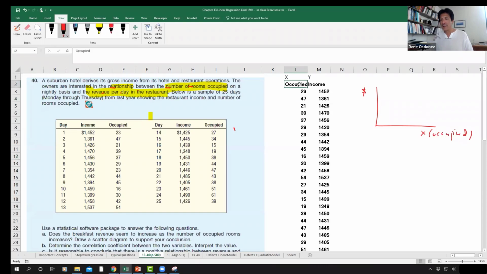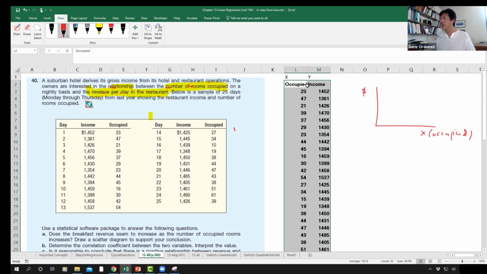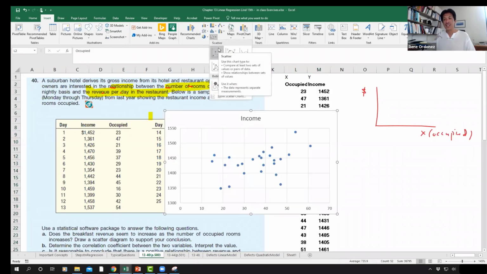Okay, so let's graph these two, highlighting these two columns. I've included the variable labels. We will select insert, and be careful here because there are a lot of options, you can see the line chart. What we want to use is this, it says insert scatter XY chart. Select that, and then select this first option. Okay?